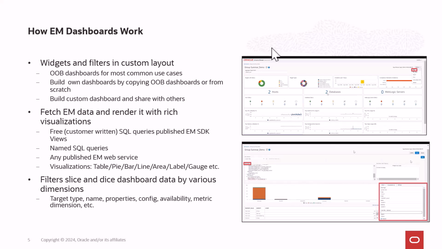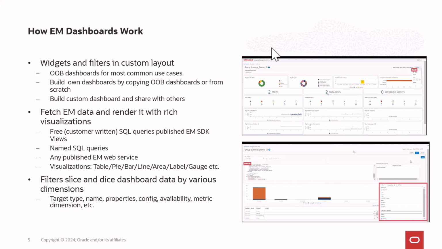Now, how is the data actually fetched? As we have talked about, we need data and rich management functionality. I'd like to highlight that there are multiple ways to fetch the data. First are SQL queries.